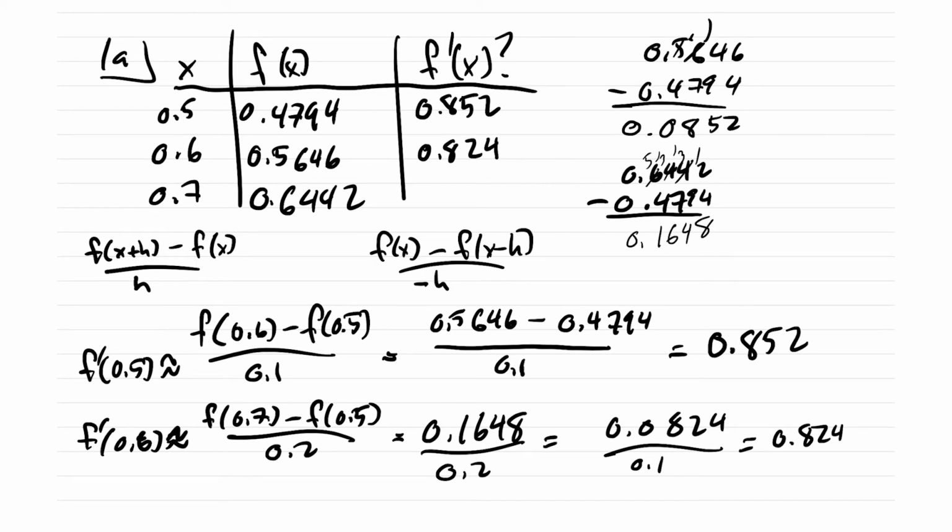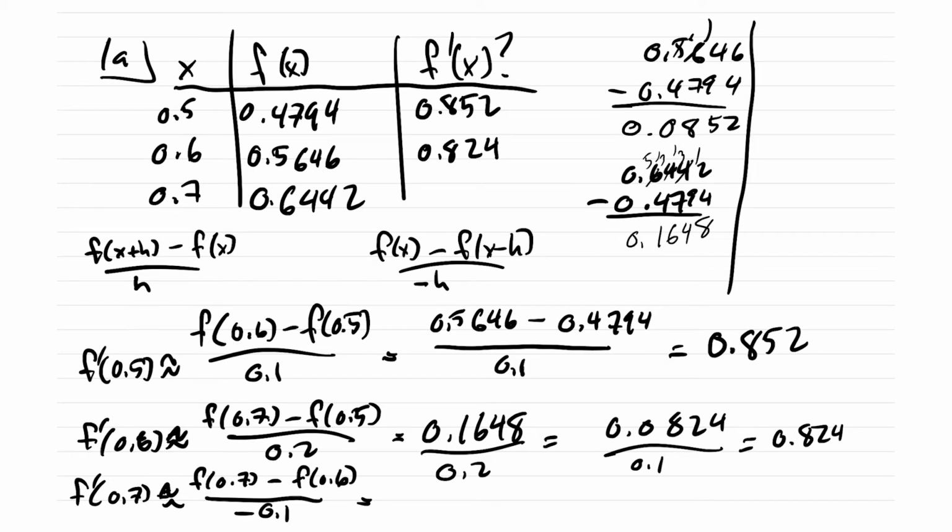All right, so now the last one is f prime at 0.7. Now this should be equal to roughly f of 0.7, minus f at 0.6 divided by minus h. So h is 0.1. Okay, right. Yeah, all right. And so going ahead and computing this, what are we going to get?